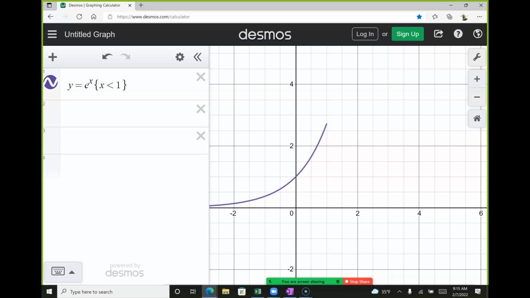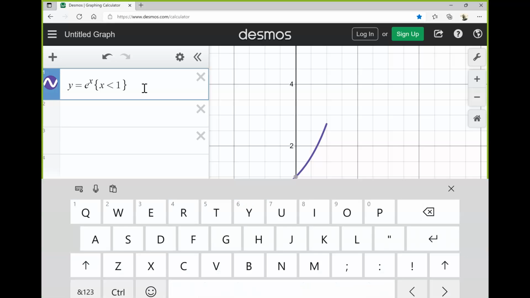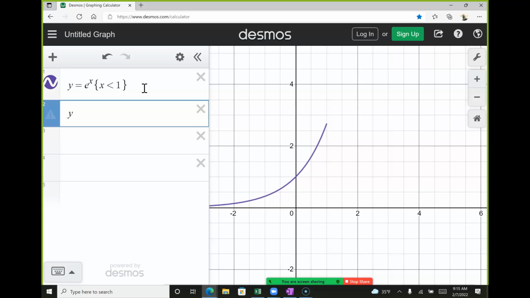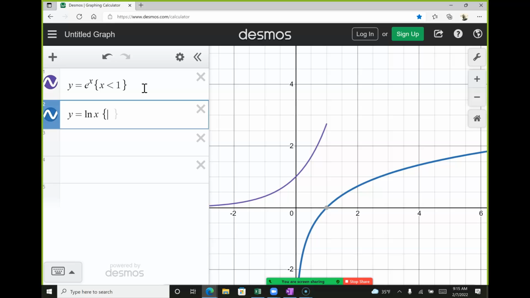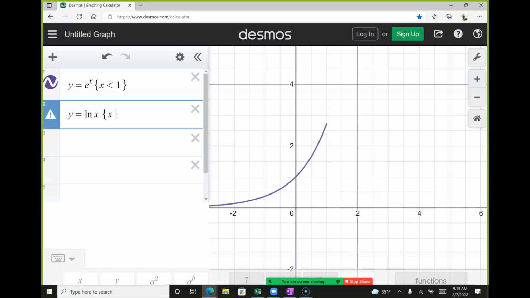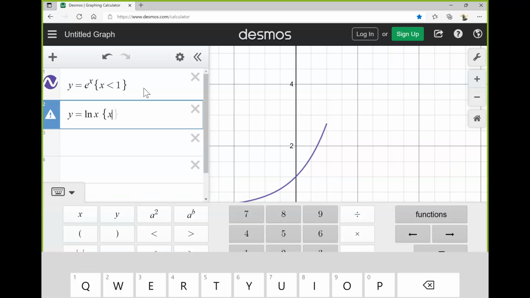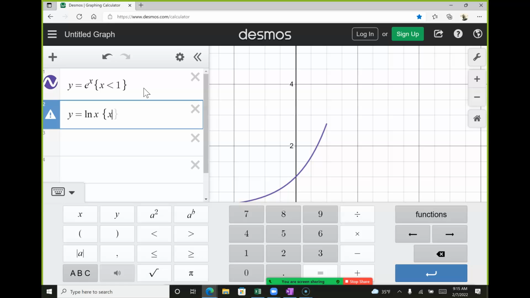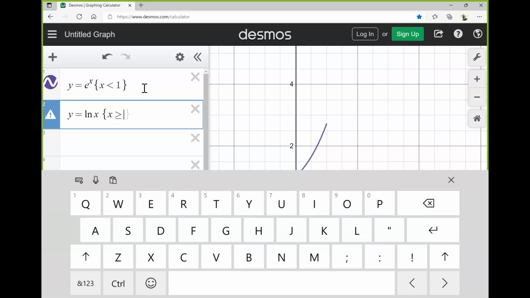Right, so just in parentheses, the domain right after the function. And then the other one: y equals ln of x for x greater than or equal to, down in the math palette, I have a greater than or equal to 1 there.